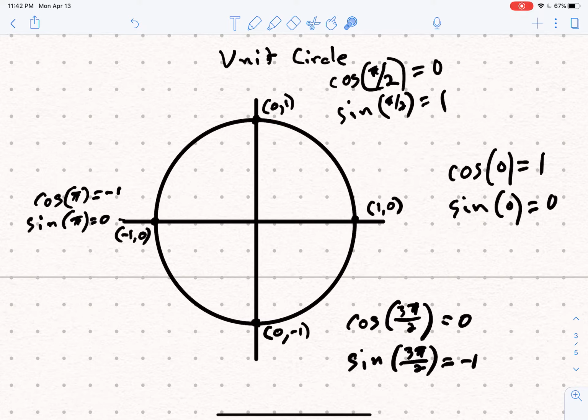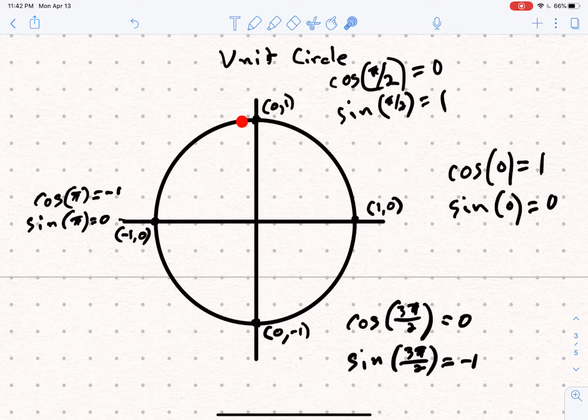That means if you think about a point here and its x-coordinate, the point on the x-axis is getting closer and closer to the origin. So as we trace out a point here, as that gets closer and closer to pi over 2 or 90 degrees, cosine goes from 1 down to 0. Now, as this point keeps moving, think about what the x-coordinate does.